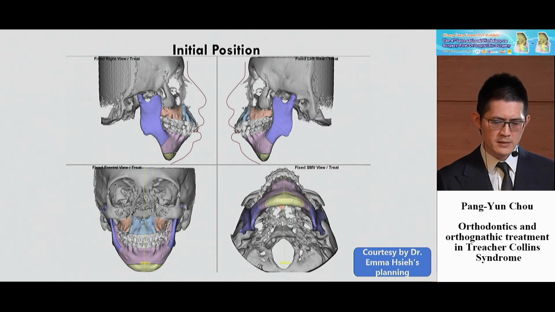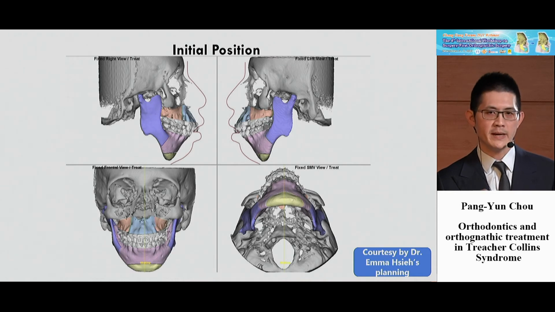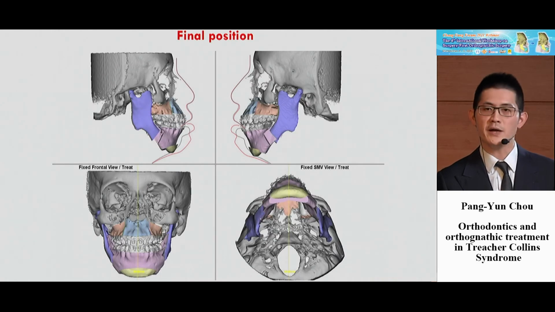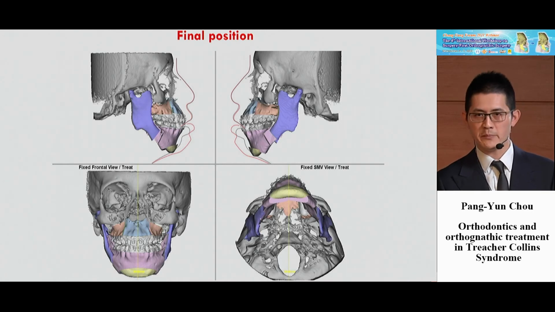As for Dr. Emma's plan, she designed the upper maxilla into two pieces, the anterior segment and the posterior segment. And this is the final position. You can easily see the maxilla already divided into anterior and posterior parts. However, the mandible is advanced by different dimensions on the two sides.